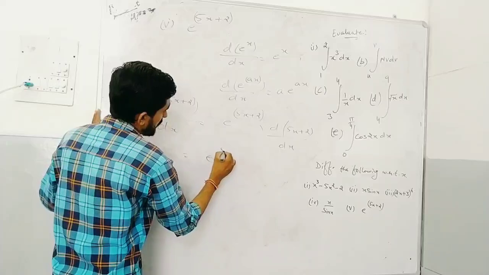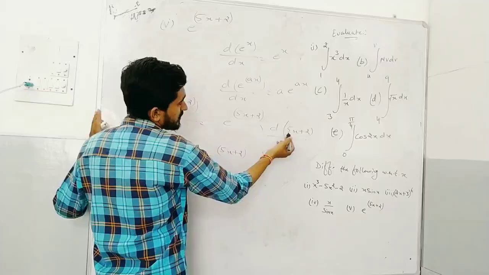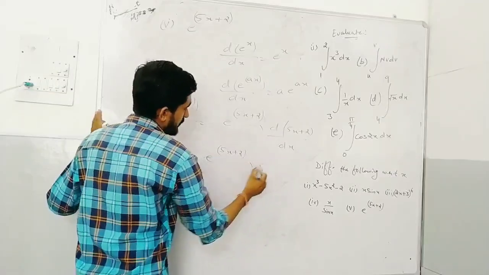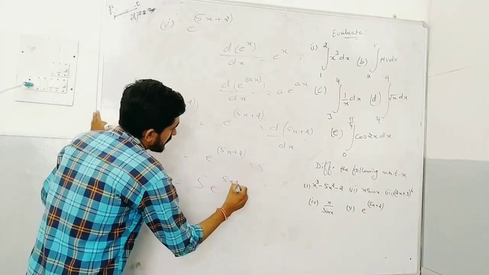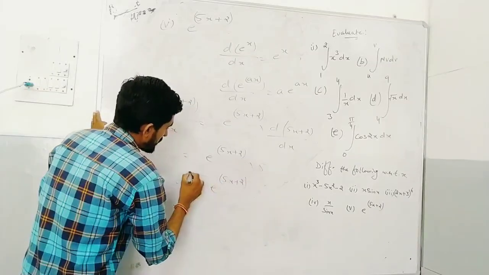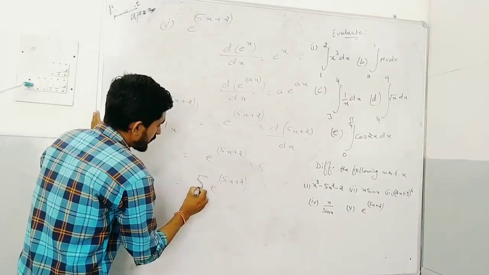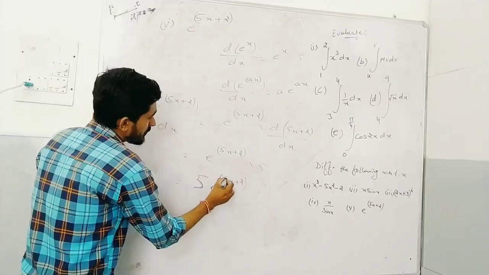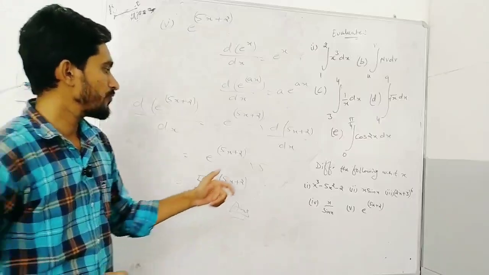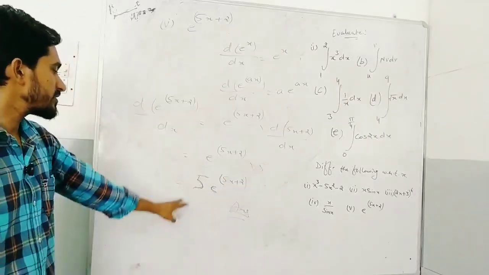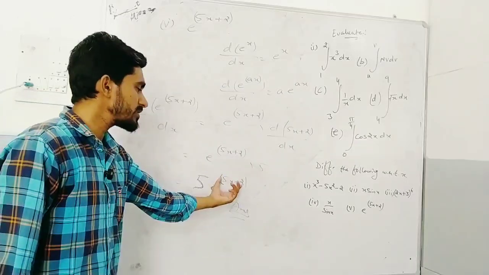Differentiation of 2 is 0, differentiation of 5x is 5, so the final answer will be 5 e raised to the power 5x plus 2. This is my final answer for the fifth part. What is written? 5 e raised to the power 5x plus 2.